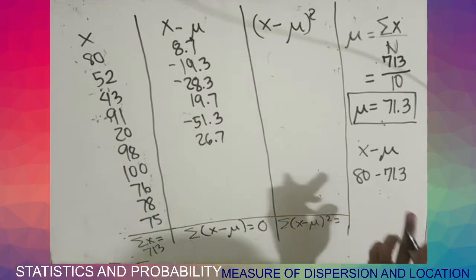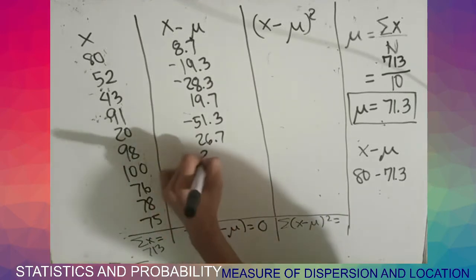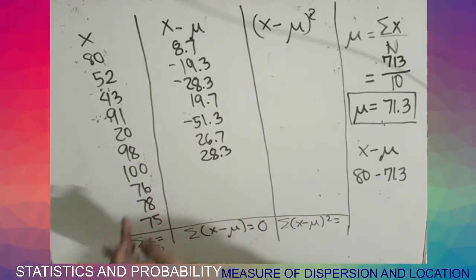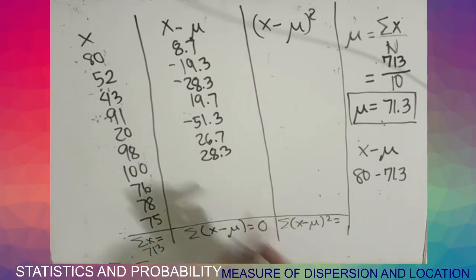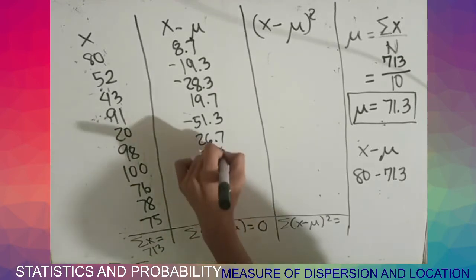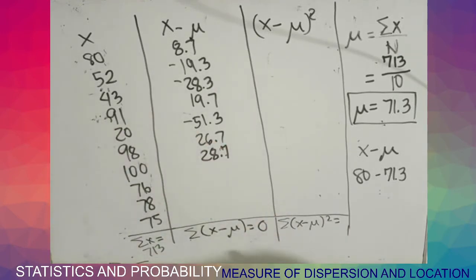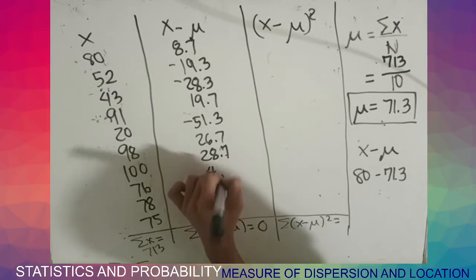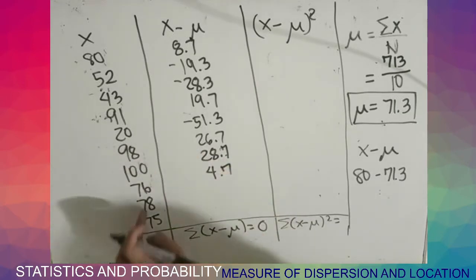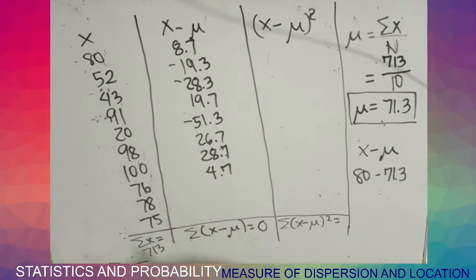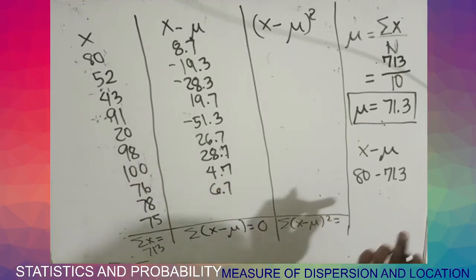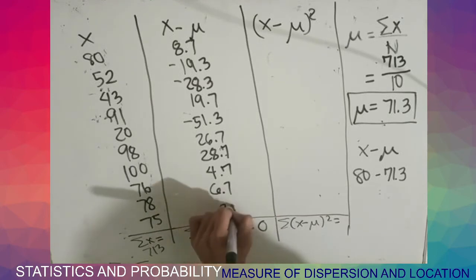Next. 100 minus 71.3, ang sagot ay 28.7. Next. 76 minus 71.3, ang sagot ay 4.7. 78 minus 71.3, ang sagot ay 6.7. Okay, next. And the last is 3.7.